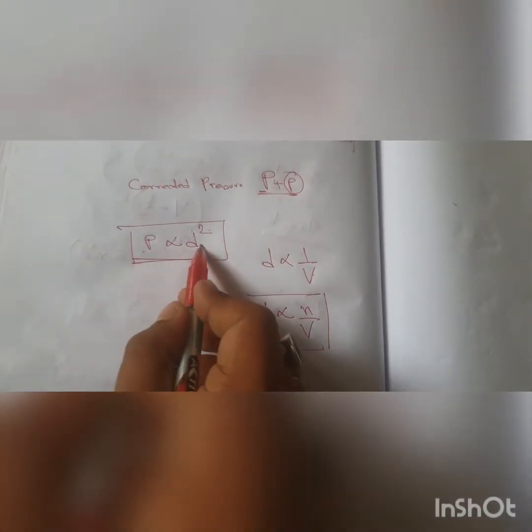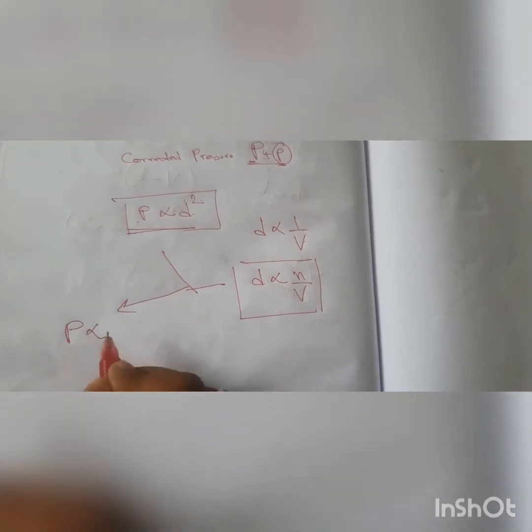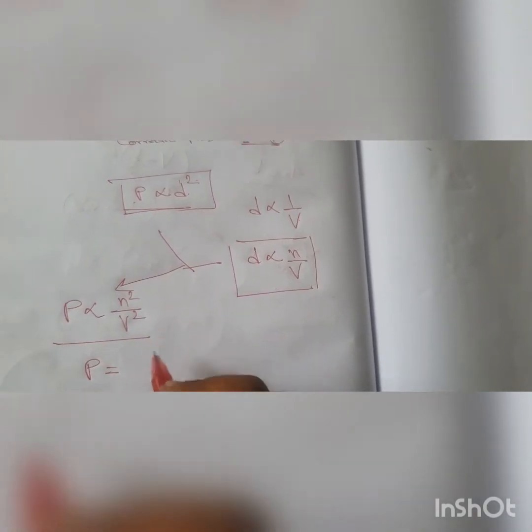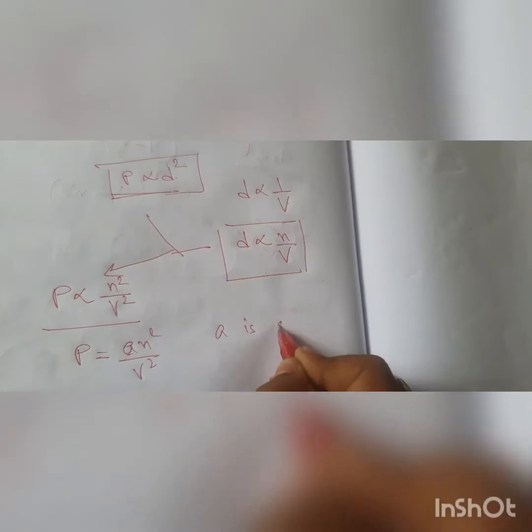So from p proportional to d square, combining these two, we get p proportional to n square by v square. And for n moles of gas, p equals a n square by v square, where a is a constant.